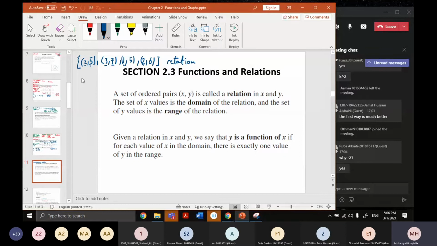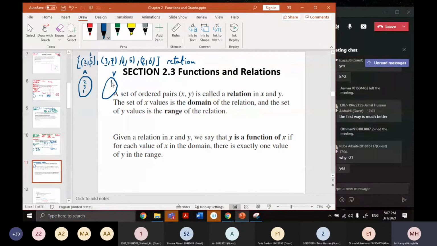And this I can draw by a map like that. You put the x values here and the y values here in 2 sets. So what x values do I have? I have 2 and I have 3, correct? And I have 1 and then again 2. That's it. Okay, what are the y values?